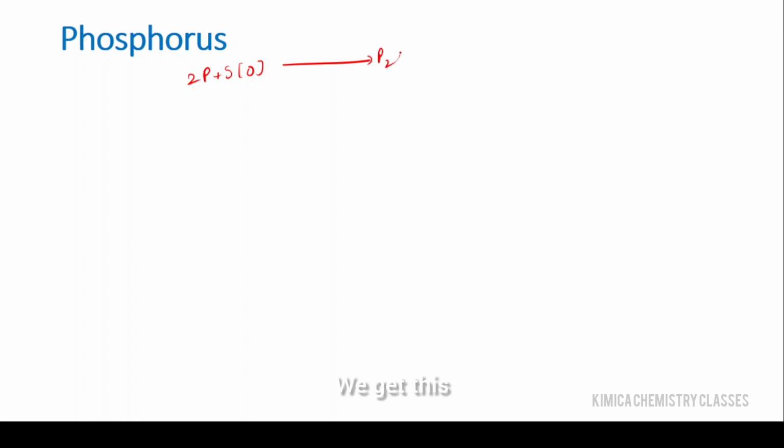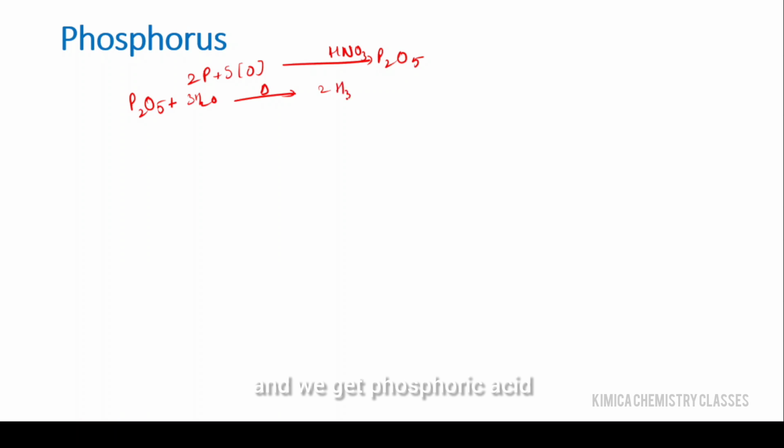We get this when we are adding HNO3. We add water, and that is heated, and we get phosphoric acid. This is the formula of phosphoric acid.